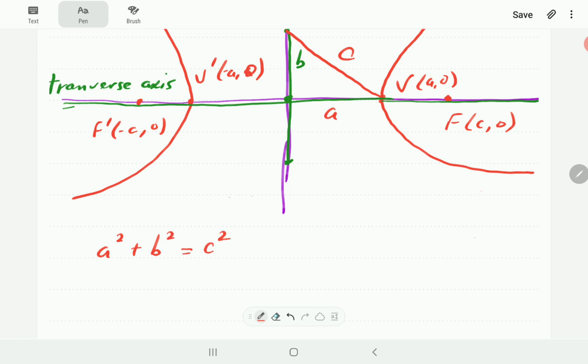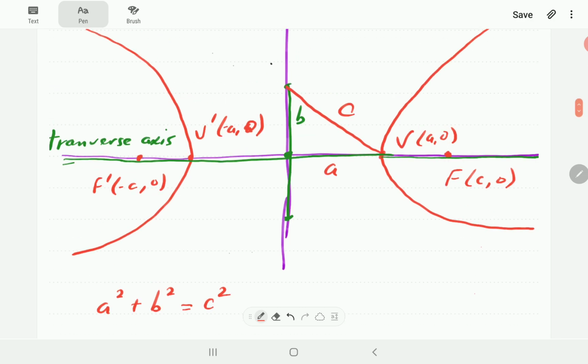Notice that this time the distance from the center to the focus is bigger than the distance from the center to the vertex, and there is nothing that's going to restrict a to be smaller or bigger than b. All we can say is that c is going to be bigger than both a and b.